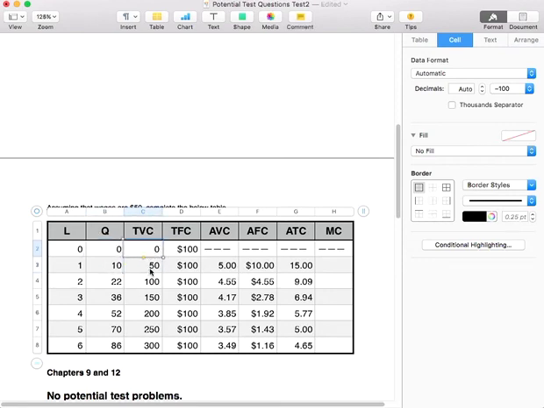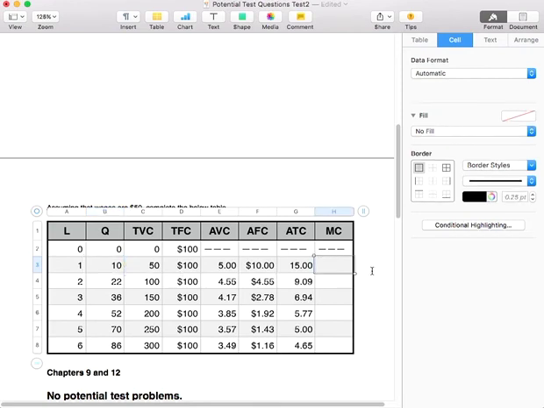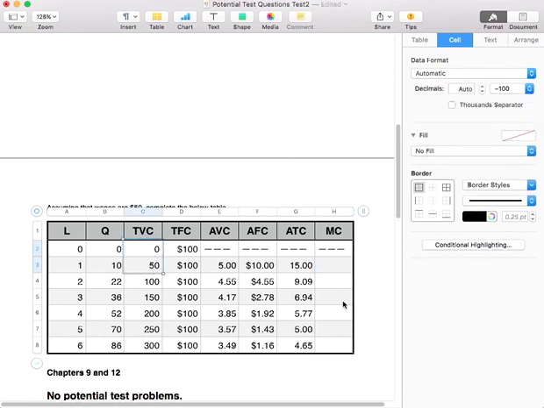Our variable cost is going to increase by 50 when output is 10. So it's 50 divided by 10, which is equal to 5.